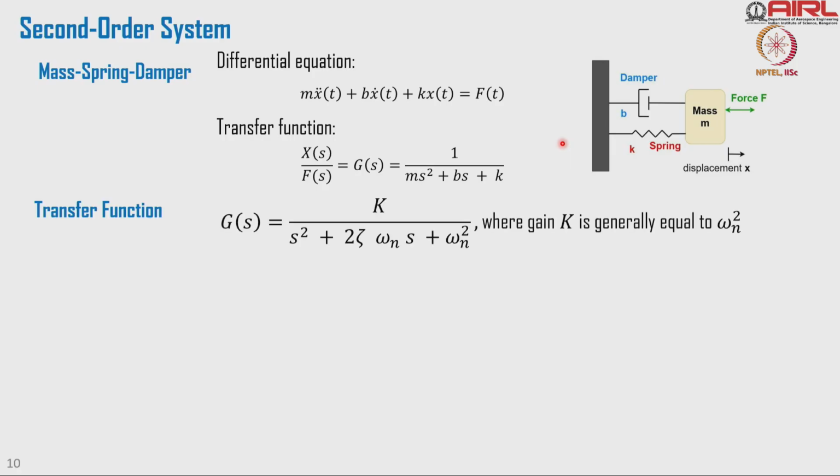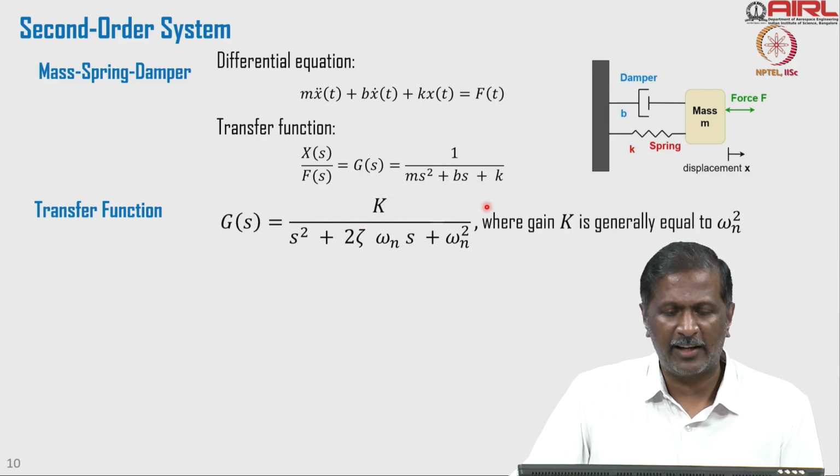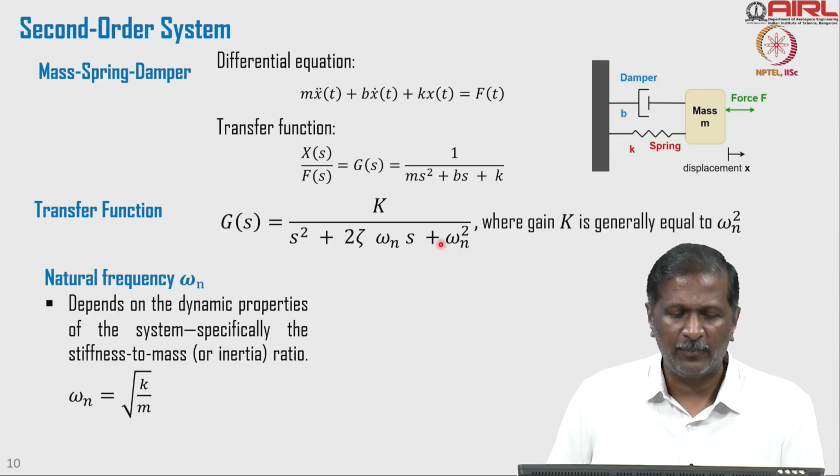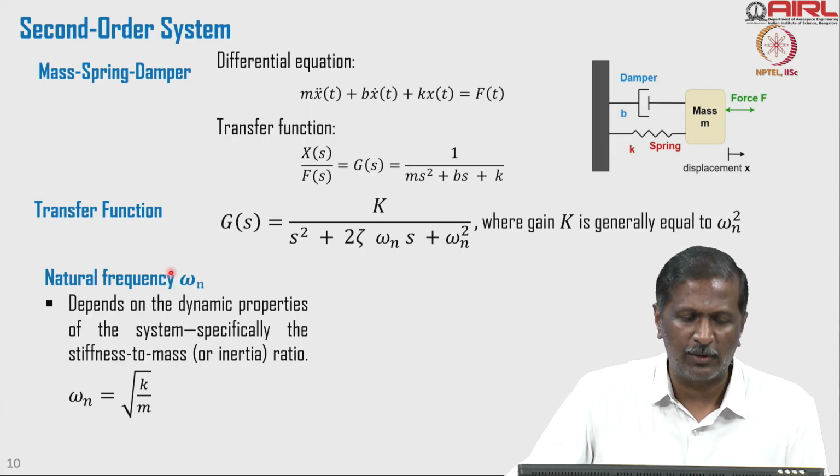Now I can write this in a generic way, as a general second order transfer function g of s, a constant K divided by s square plus 2 zeta omega n s plus omega n square. I am introducing new variables here. I am trying to generalize this equation into a generic form that I can interpret. This omega n is the natural frequency.